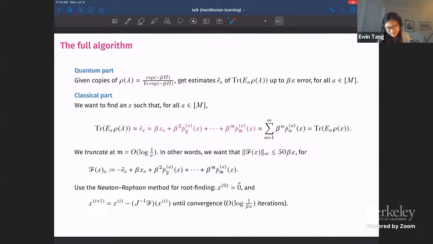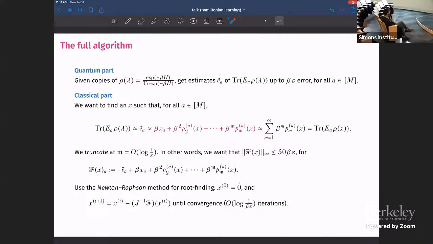I didn't discuss this at all, but this polynomial expression obeys nice properties. From the fact that the corresponding Taylor series converges, these polynomials have sufficiently nice properties that you can show the higher order derivatives are bounded.